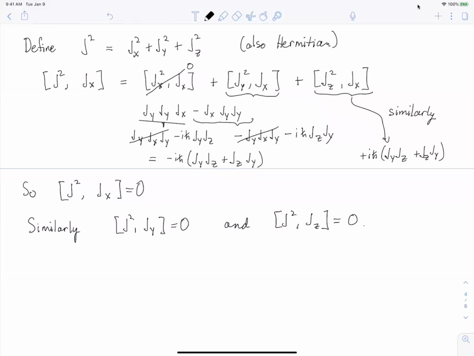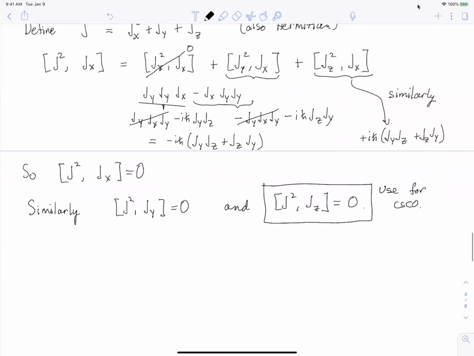Okay, and this is actually the one that traditionally is used for a complete set of commuting observables. Right, we've got two operators there that are Hermitian, they're observables and they commute. Okay, but more generally, J squared commutes with the whole vector angular momentum operator to give 0.